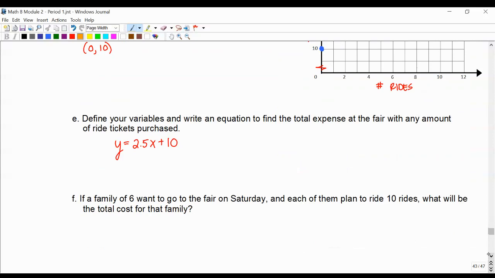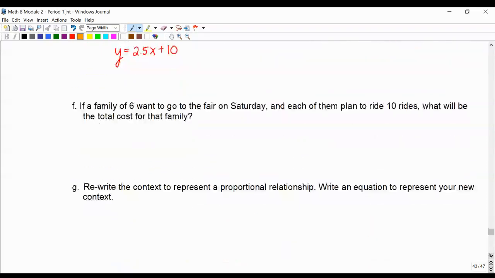We wrote our equation, and now we're going to answer a couple of follow-up questions. It says if we have 6 people that are going to go to the fair and each of them wants to go on 10 rides, what will be the total cost for the family? So let's figure out the cost for one person. One person is going to go on 10 rides at $2.50 apiece plus the $10 entry fee.